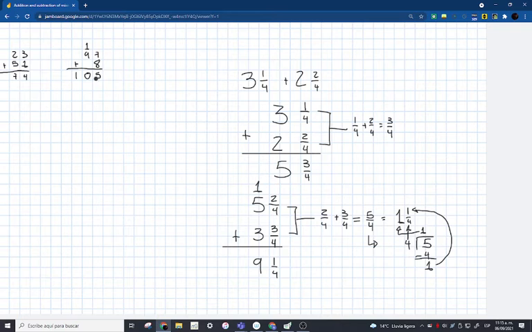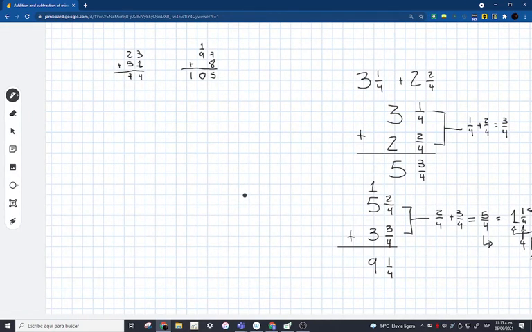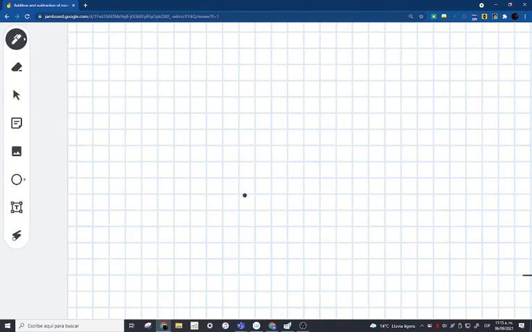It was not enough because it surpassed the 10, so we only write the units part and we gave the tens to the next one. Here something similar happens. We got 5/4, it's improper, but in the mixed form it's 1 and 1/4. So we just write the fraction and we give the 1 to the next column. Now let's see another example to better illustrate this.